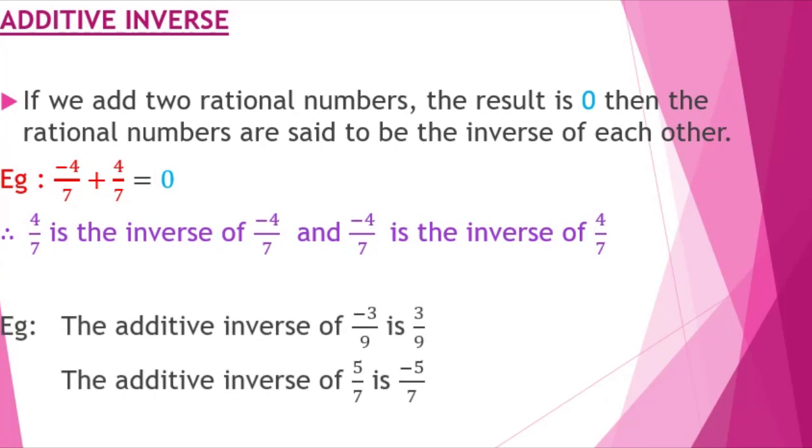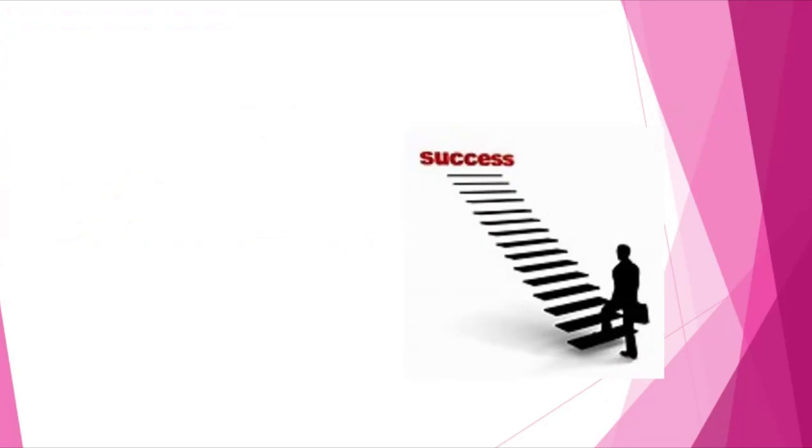Similarly, the additive inverse of minus 3 by 9 is 3 by 9 and the additive inverse of 5 by 7 is minus 5 upon 7. That means to find the additive inverse, we just change the sign of the rational number. If a positive rational number is given, you have to put a minus sign. If a negative rational number is given, then to find the inverse you can put a positive sign.